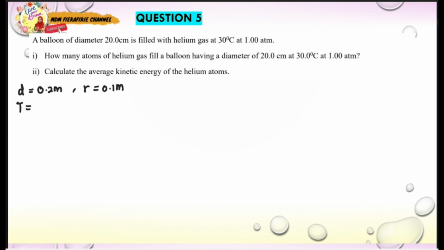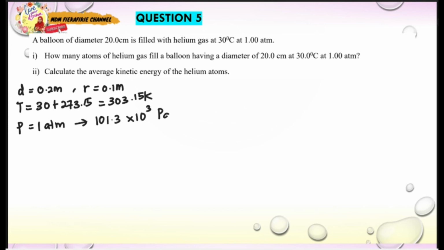Okay, and then the balloon is filled with the helium gas at 30 degrees Celsius, which is equal to 303.15 Kelvin, and the pressure is in ATM unit. Make sure you change to Pascal, which is 1 ATM bersamaan dengan 101.3 exponent 3 Pascal.